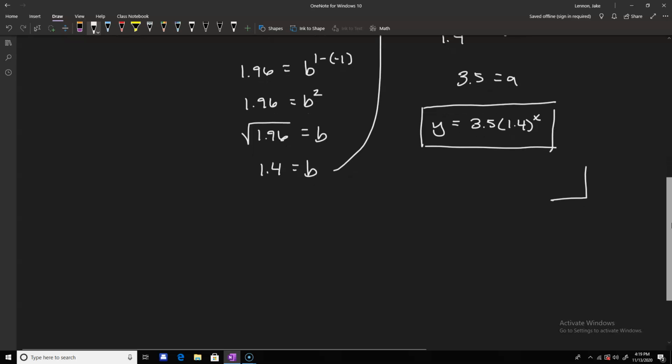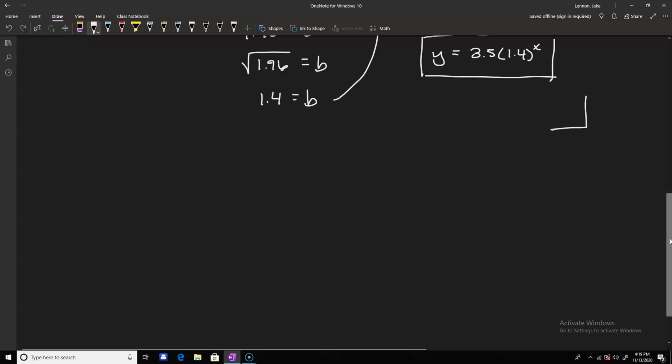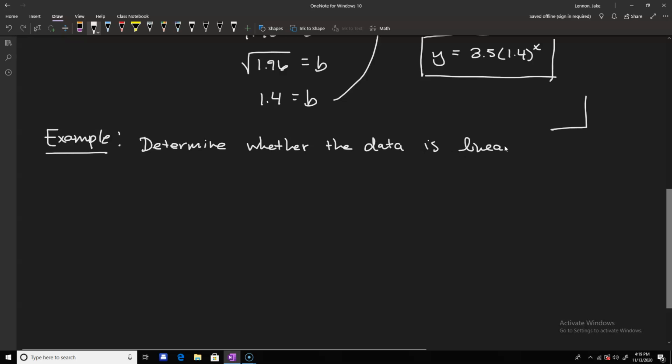So now let's compare some sets of data from some tables. So for this example, when we look at these tables, we want to determine whether the data is linear, exponential, or neither.